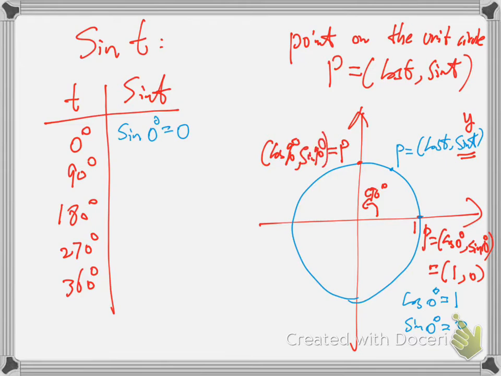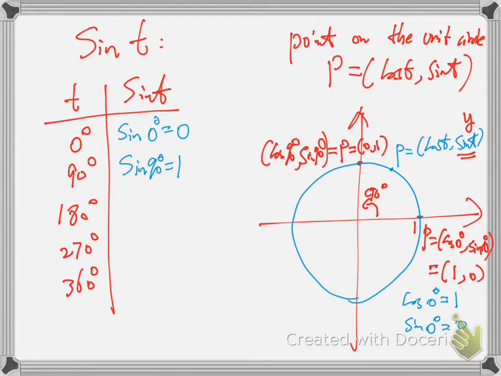If we use the xy axis, this point is 0, comma 1. So what is sine 90? Sine 90 is 1.